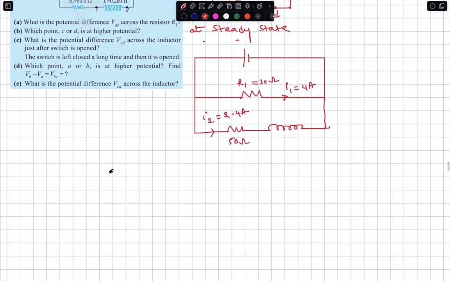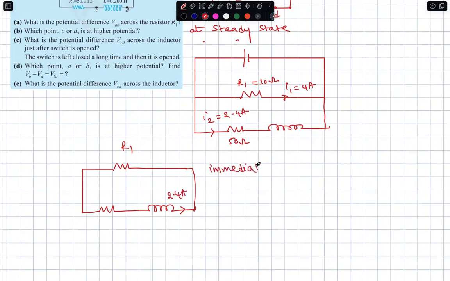Immediately after opening the switch, you know what is going on in the circuit? R1. Now the inductor drives this current, 2.4 amps, immediately after opening the key. This is 50 ohms.